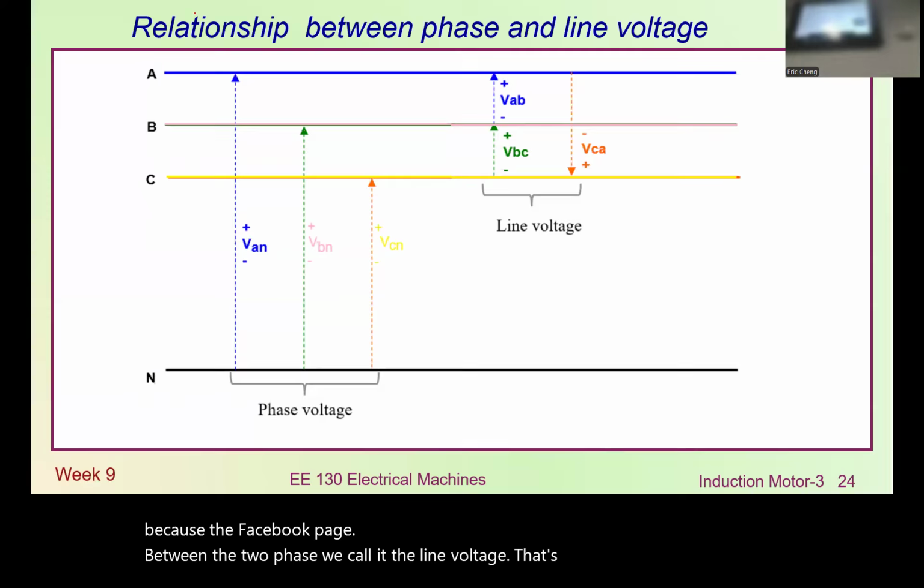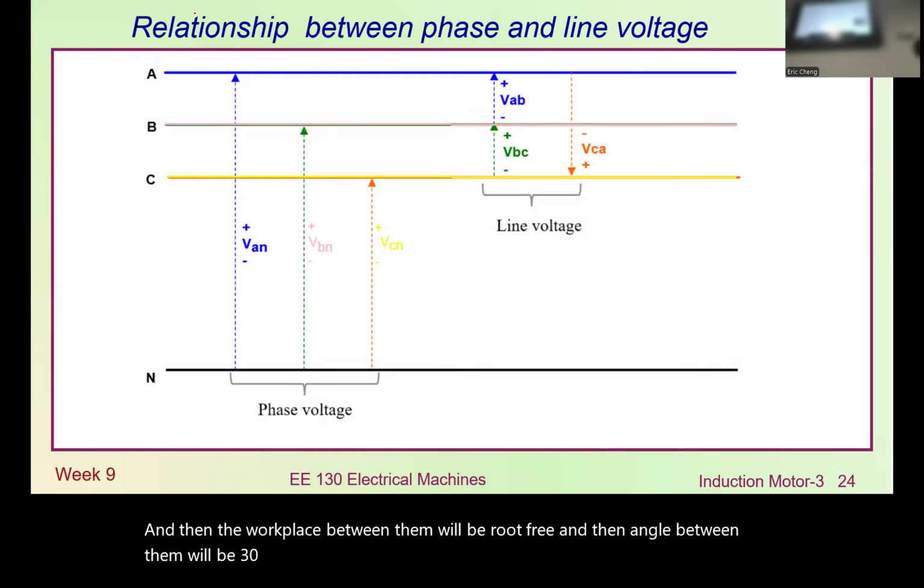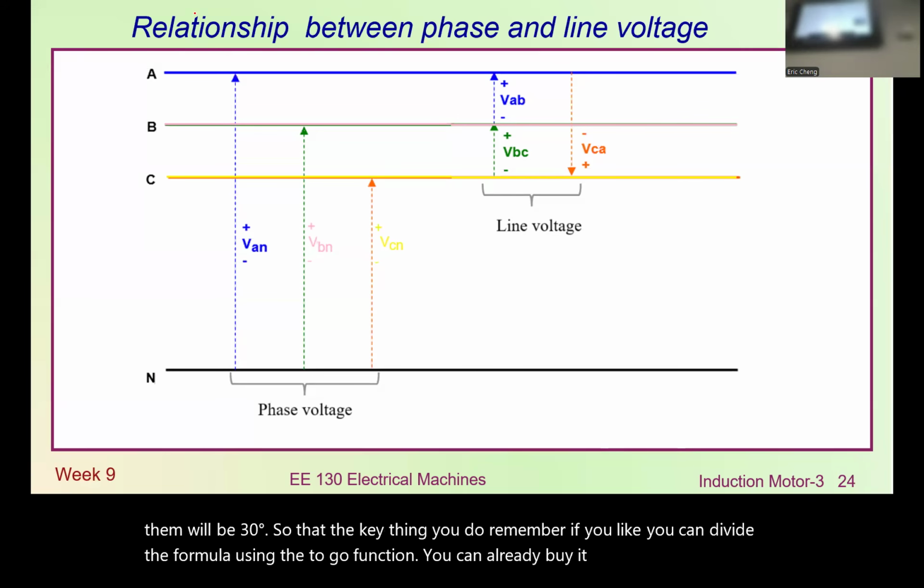And then the voltage between them will be √3 times larger, and the angle between them will be 30 degrees. So that's the key thing. Remember, if you like, you can derive the formula using the trigonometric function. You can always derive it quite easily. So that's the key point I need to tell you about the three-phase system.